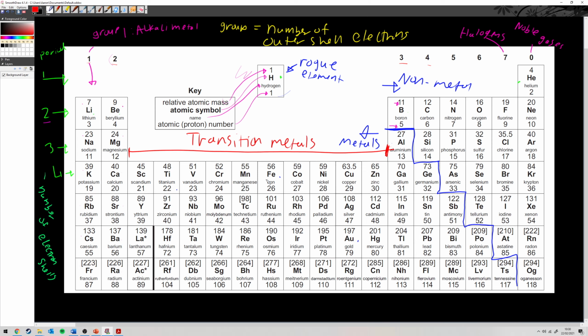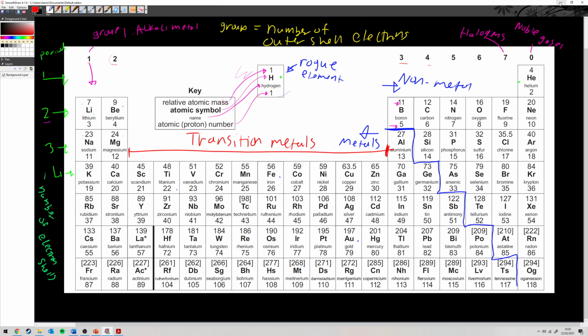Now, when you learn about this in A level, the electron shells get a bit funky in the transition metals, and that's why they're a bit different. But starting from scandium, going to zinc, everything in this little block is called the transition metals. And that is everything you need to label on your periodic table for now.